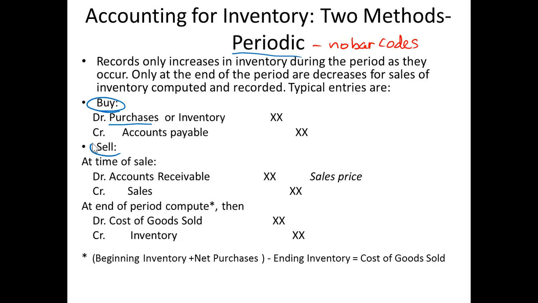When I sell inventory, there's only one entry because it only tracks the sales price. It doesn't track the cost of the goods sold. So at the end of the period, we're going to have to compute what cost of goods sold is, which we said was beginning inventory plus purchases minus ending inventory gives us cost of goods sold.